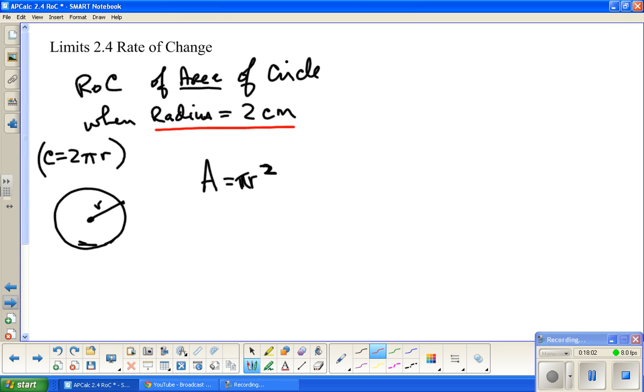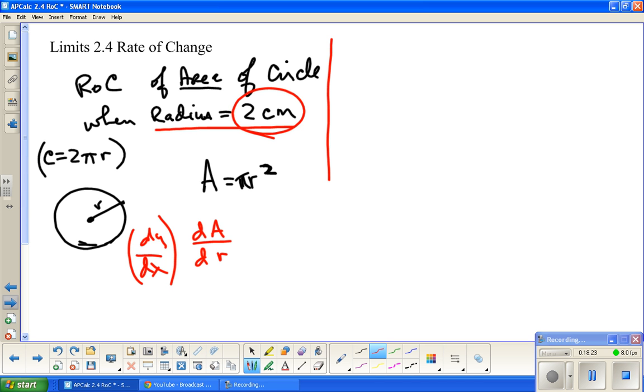So instead of dy dx, which is another way to write derivative or instantaneous rate of change, we're going to do dA dr, because instead of y and x, it's A and r. Now notice how many r values we have.